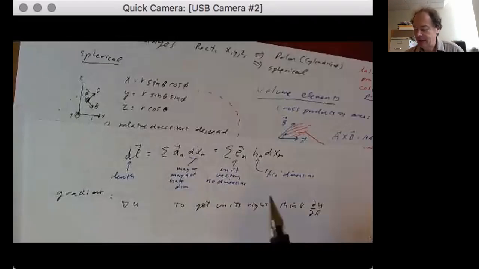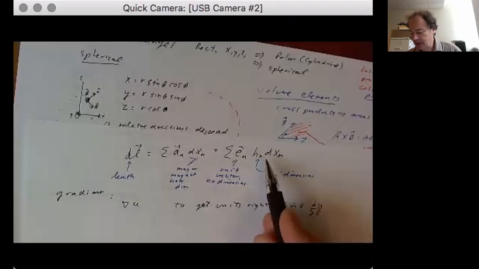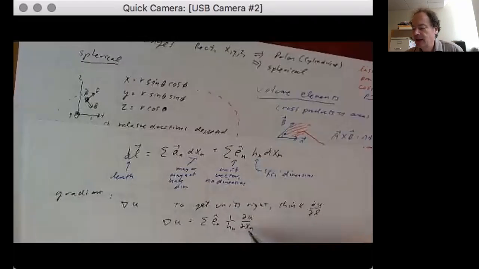We have dl up here, and that gives us a good idea of where to put the h's to fix the units, right? We got to put them in front of the dxn, and so the gradient of u is going to be the sum e_n hat, unitless, 1 over h_n partial u partial x_n. So again, all the terms of this have to have the same units. The h_n fixes up the units.